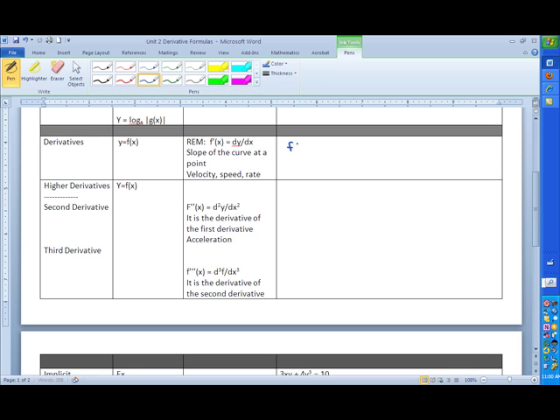So when I have an original function like x squared, if I wanted to know the speed at which the car was traveling at any point, I could find the first derivative, and 2x represents the speed or the velocity at which I was traveling.